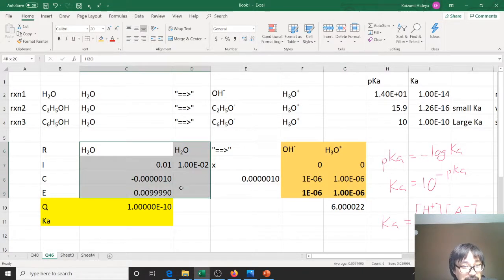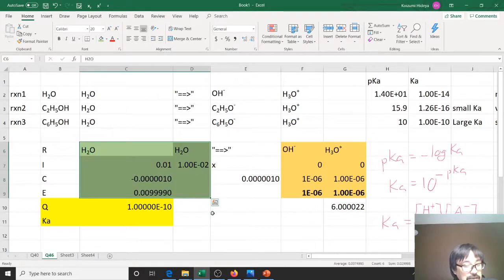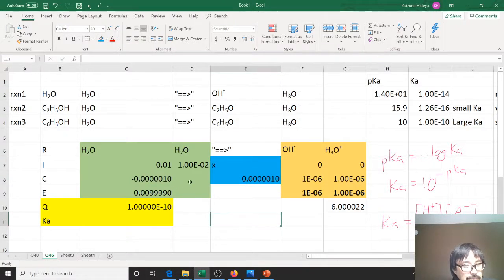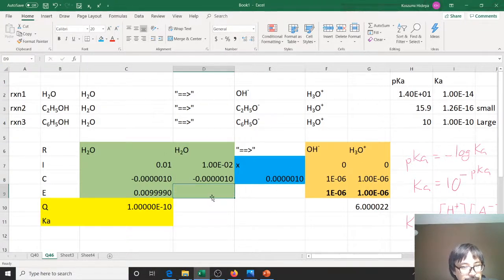Okay, so that one right there is going to be minus x, and then this one right here is equal to this plus this, right?